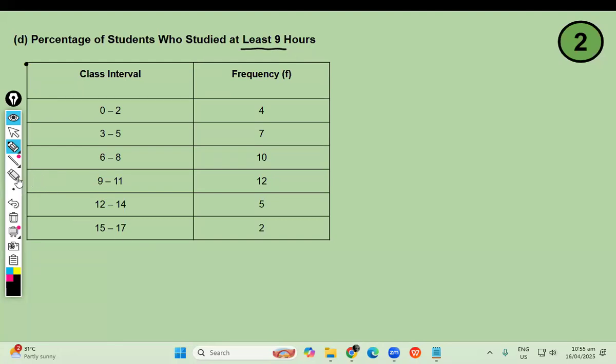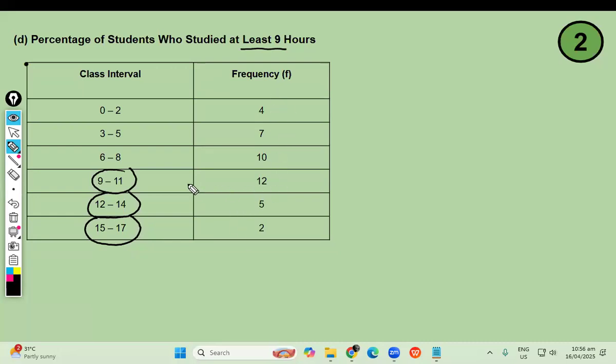So how many people have we got in all? I think we know we have 40 people in all. So how many people studied at least 9 hours? 9 to 11 hours is at least 9 hours. And 12 to 14 hours is also more than 9. And 15 to 17 hours fits the category of at least 9 hours.